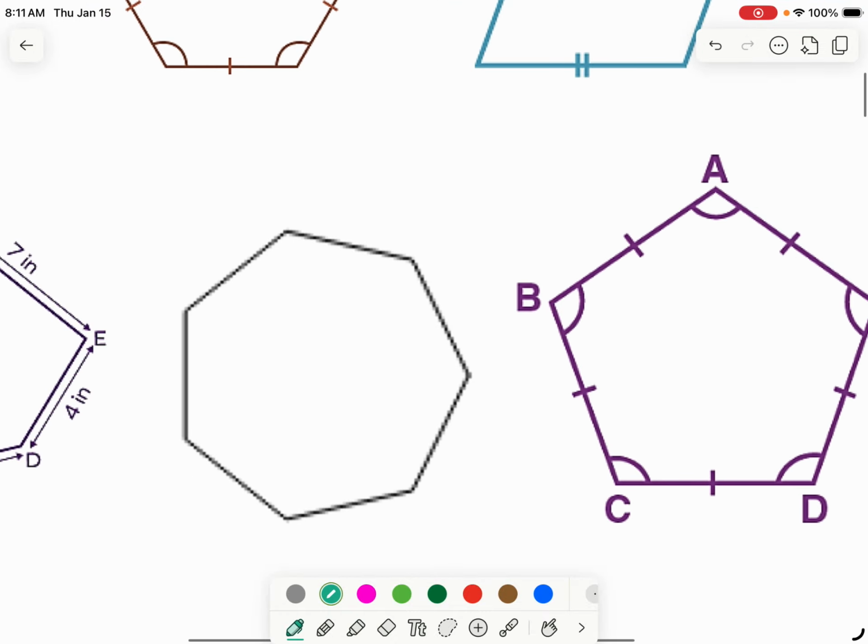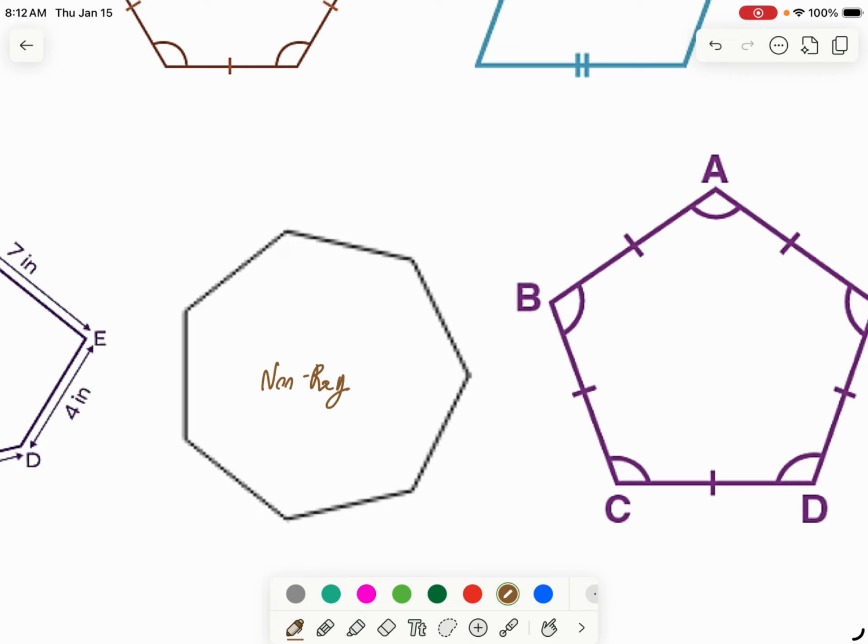Okay, what about this one? Well, it looks regular. It looks like all these are congruent, and it looks like it has congruent angles, but notice that the symbols are not there. So we cannot just assume that they are congruent because they look congruent. This one we would say non-regular.